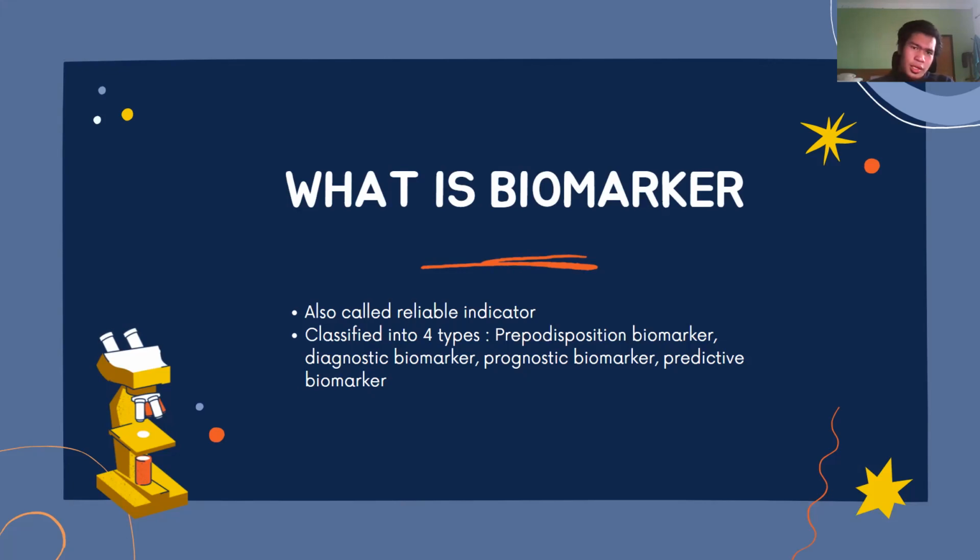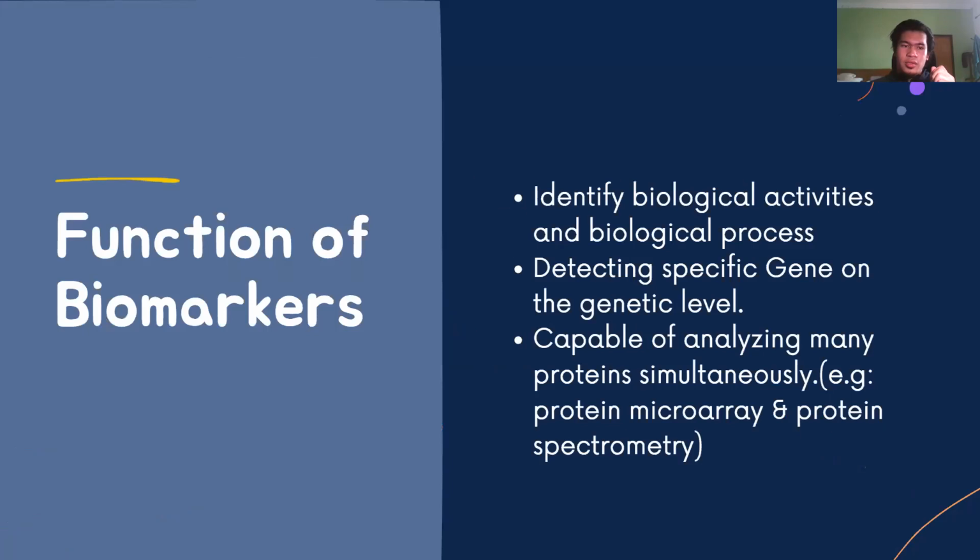So in general, biomarkers also have functions. The first function of the biomarker is to identify the biological activities and biological processes. Instead of knowing a specific gene, it can also identify the biological process activities, when the products or the starting things for the reaction can be fully recognized by the biomarker.